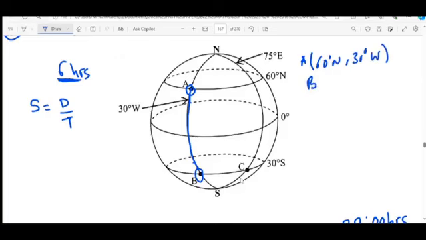Then point B is lying on a latitude of 30 degrees south, and the longitude is the same. They are sharing the same longitude, 30 degrees west.